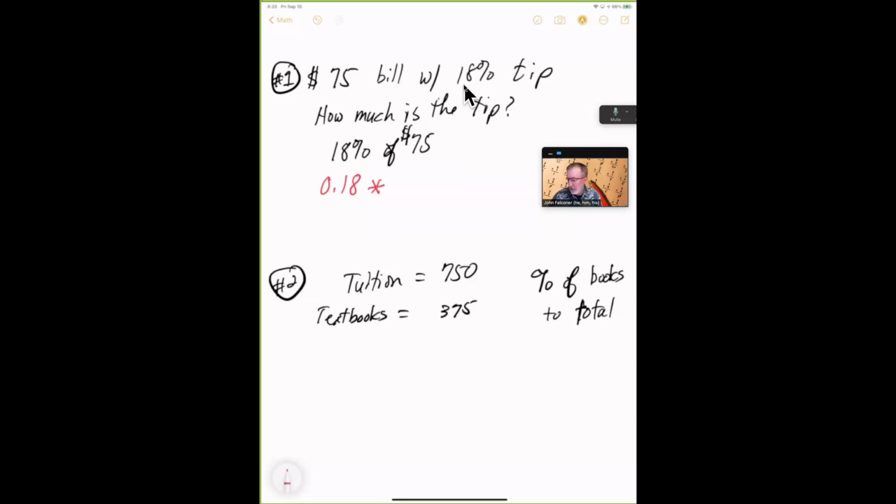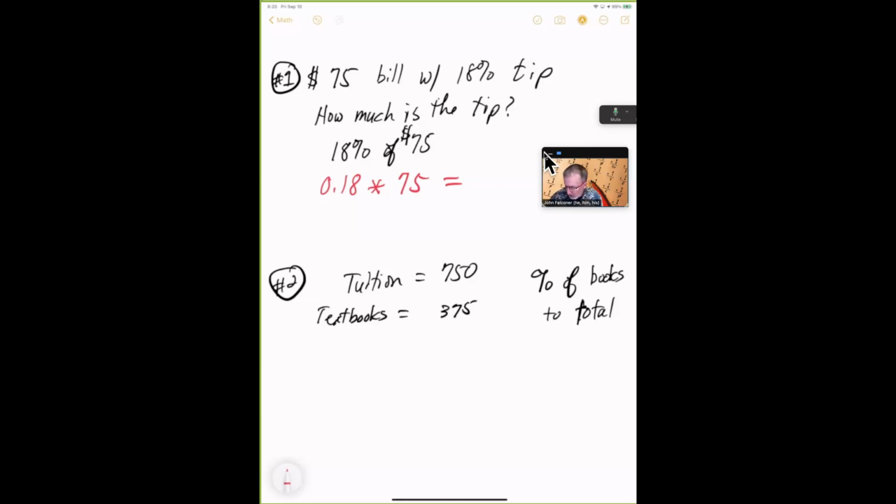Of is usually a keyword for multiplication. 0.18 times 75. And that's going to give us our tip. So grab your calculators, turn them on, and type in 0.18 times 75.